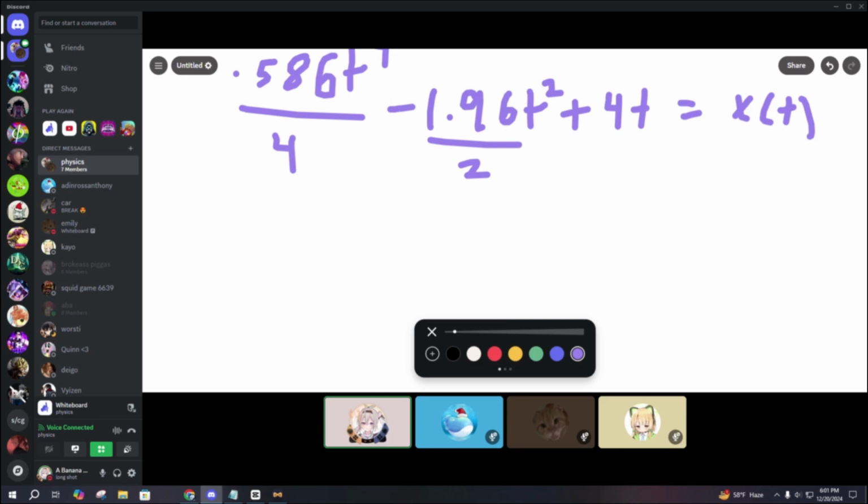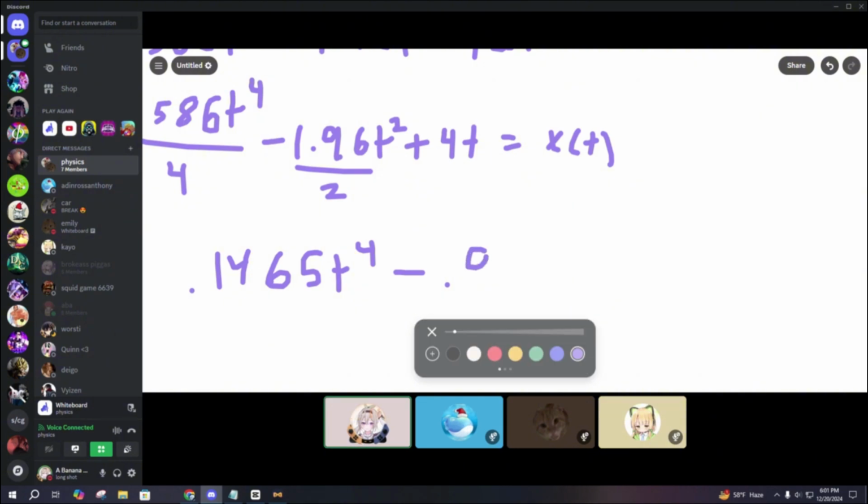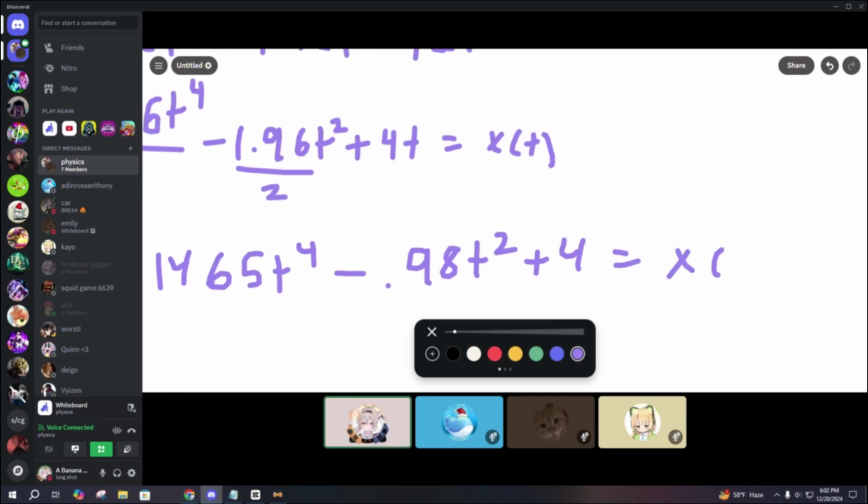Now let's simplify that. 0.1465 t to the power 4 minus 0.98 t squared plus 4t is equal to x(t). Right?